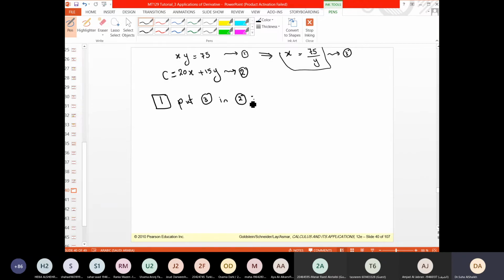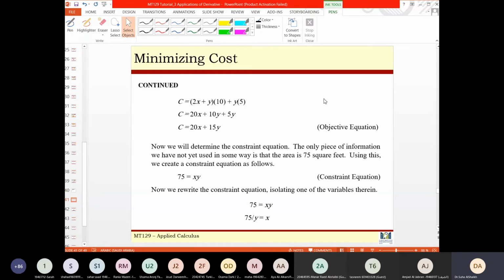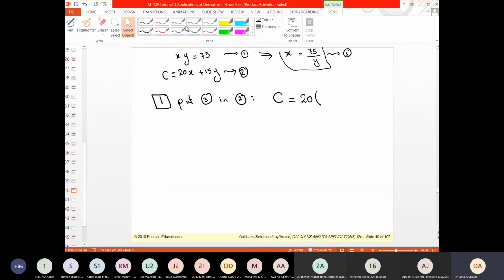So in step number 1, I'm going to put equation 3 in equation 2. You can see the slide well, the picture is clear. So I'm going to put equation 3 in equation 2 so that the cost becomes just a function of one variable. They kept the x, but no problem, you can do this or that.